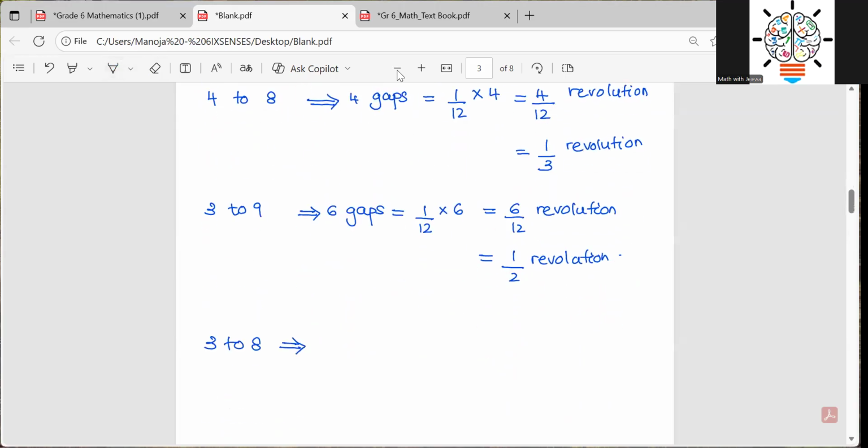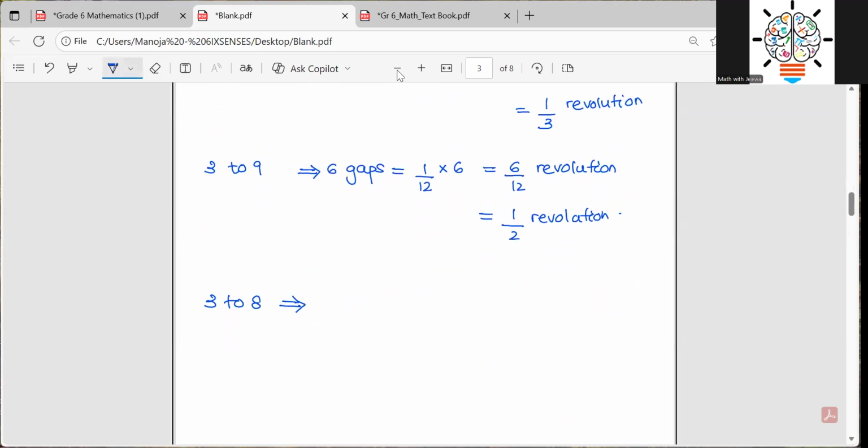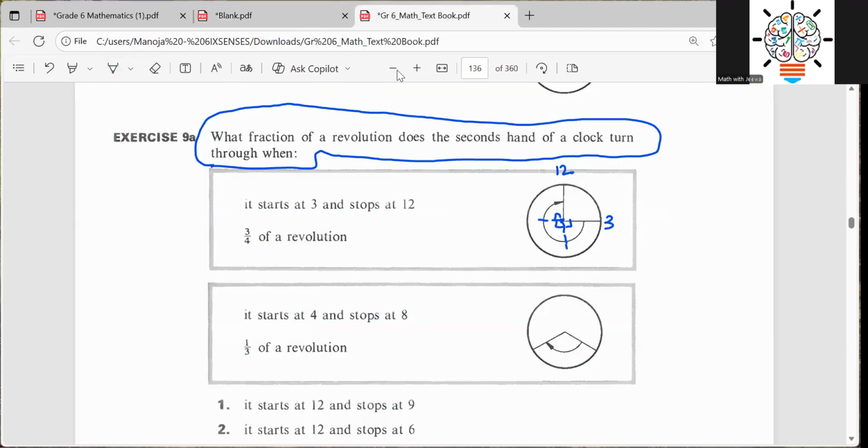How many gaps do you have here? 5 gaps. So you write 5 gaps equal to 1 over 12 times 5. So how do you write the answer? 5 over 12 revolution. Can I simplify this? No, I can't. You just keep it like this. 5 over 12 revolution, right?